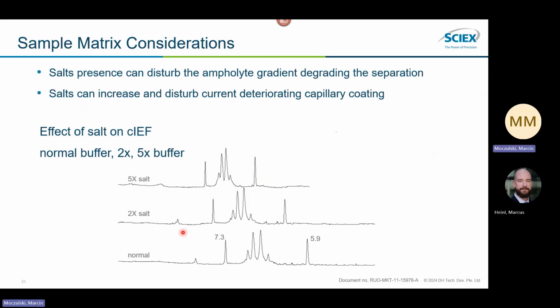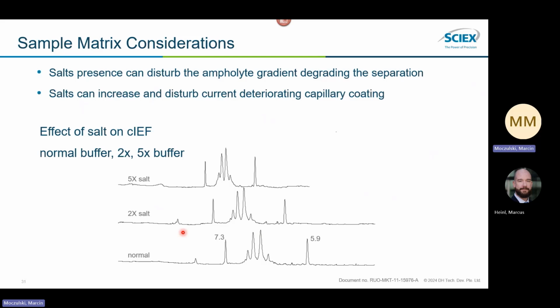Another thing we have to remember is the presence of salts, which might come together with the sample matrix. It is quite critical to reduce salt concentration by desalting if necessary, because salt presence can affect appropriate gradient determination, stability, and finally the conductivity obtained during focusing and chemical mobilization.